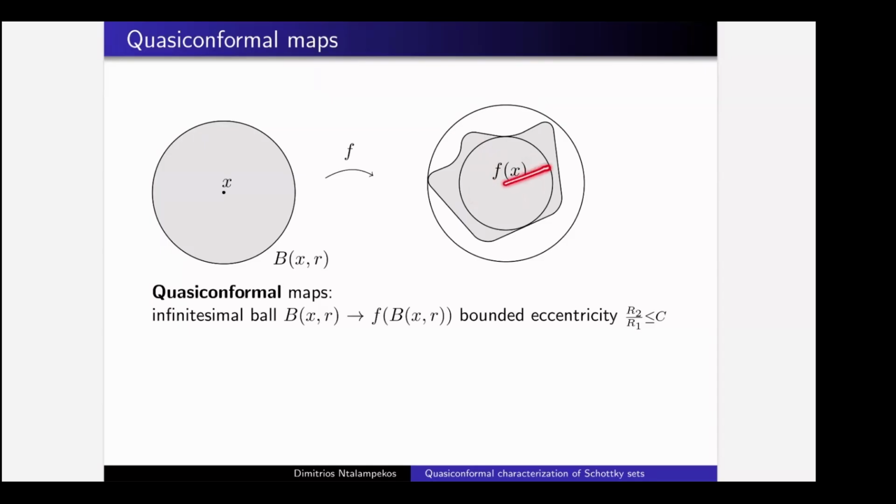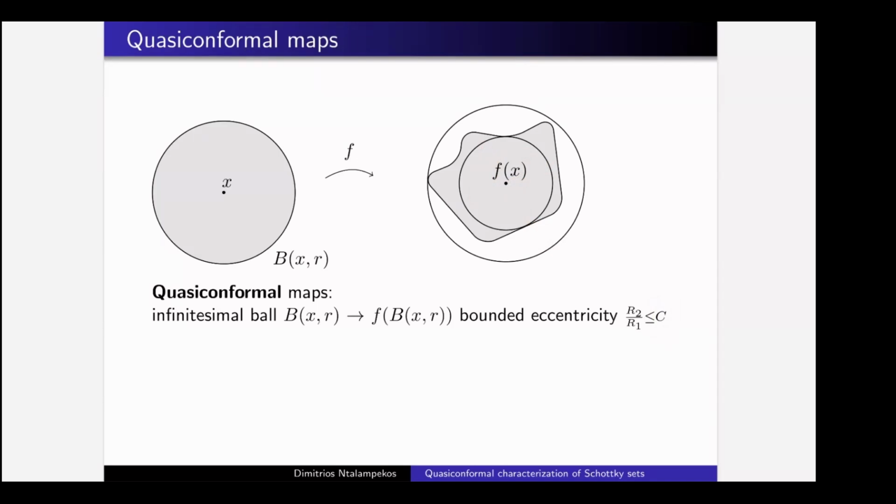One is contained in the image and the other contains the image, and the ratio of the radii is uniformly bounded from above by a constant that does not depend on x or on r. So this is the metric definition of quasiconformal maps.